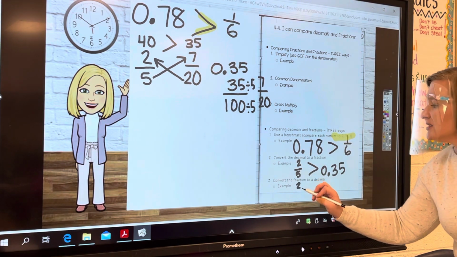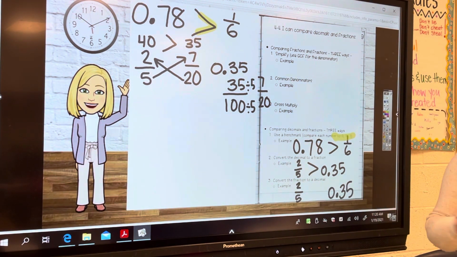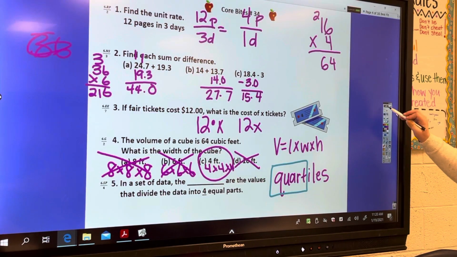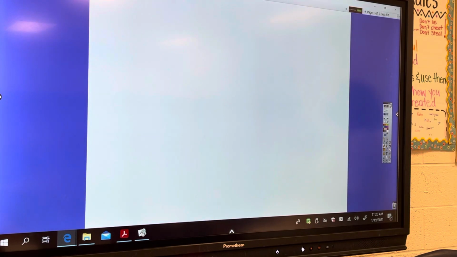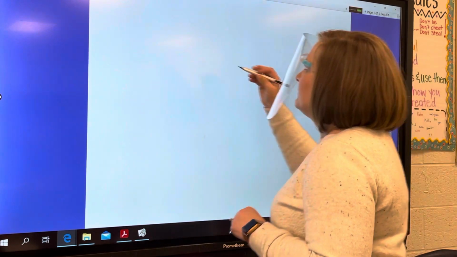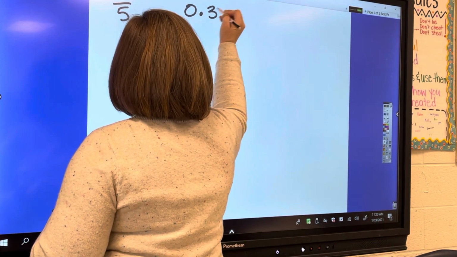And we're going to use this same one, 2/5 and 35/100, okay? I'm going to give you a second to write that, and then I'm going to go here because it's going to take me a little more paper than just that little bit, okay? So we have 2/5 and we have 35/100.